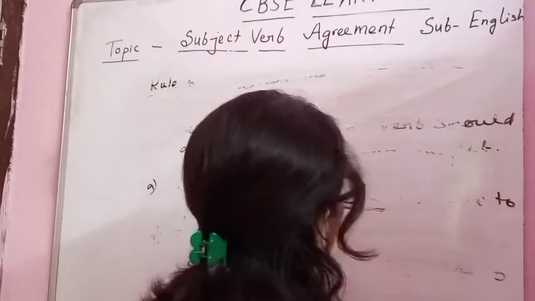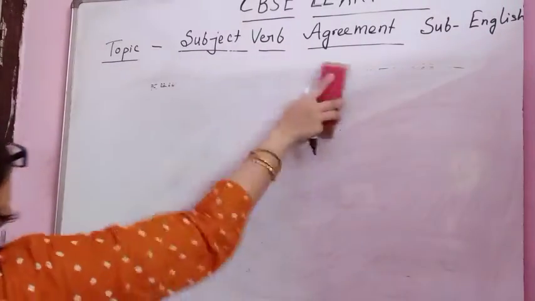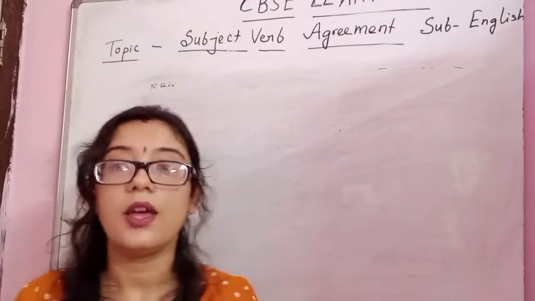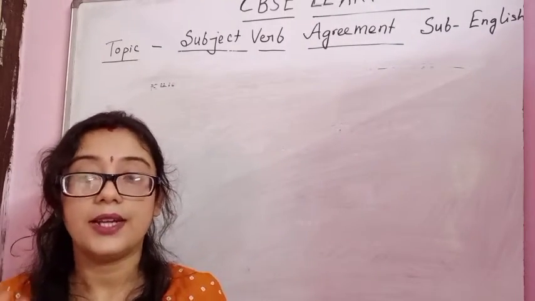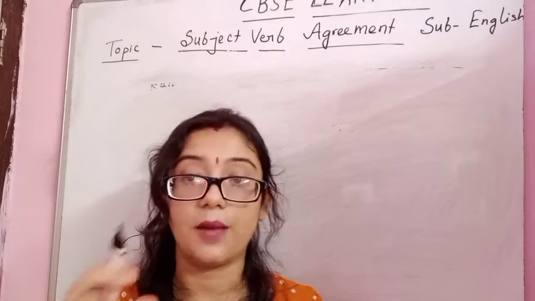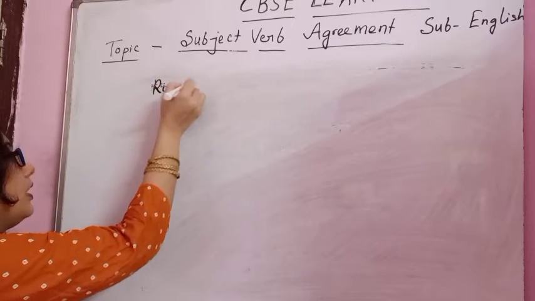Okay. Now let's see rule 6. Rule 6 is when a noun is singular in form but collective in sense, denoting something collectively.